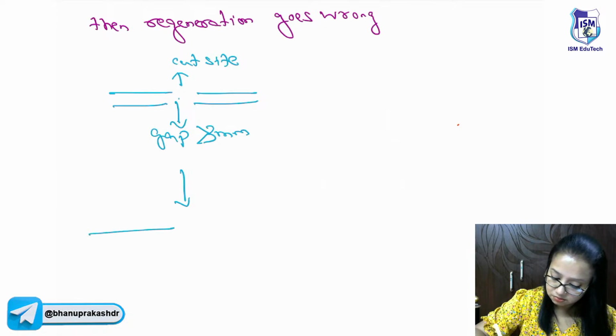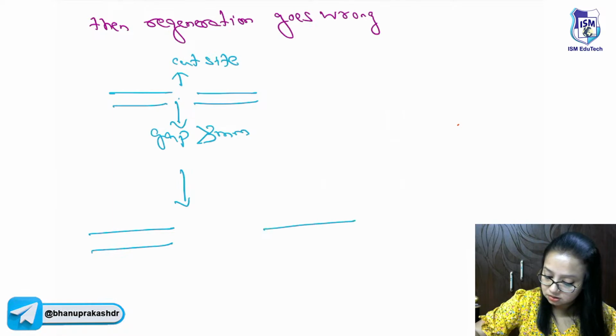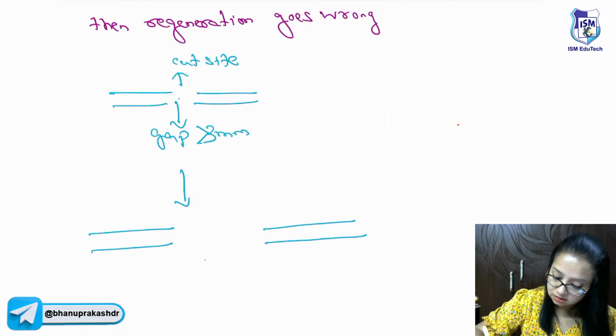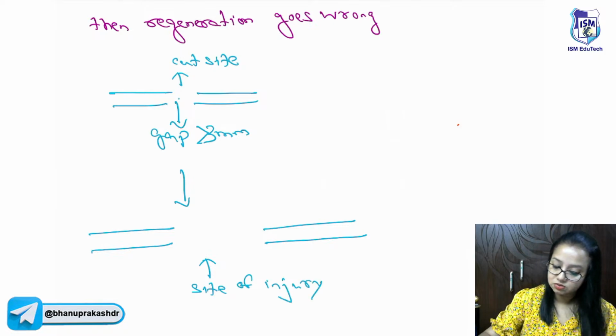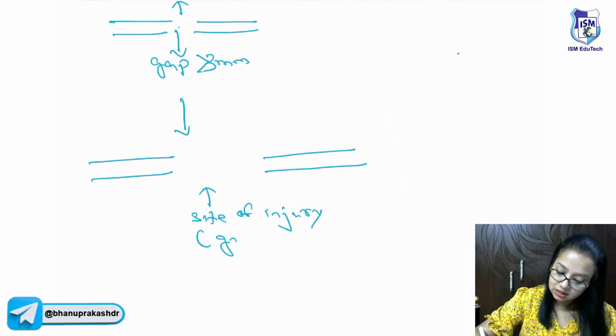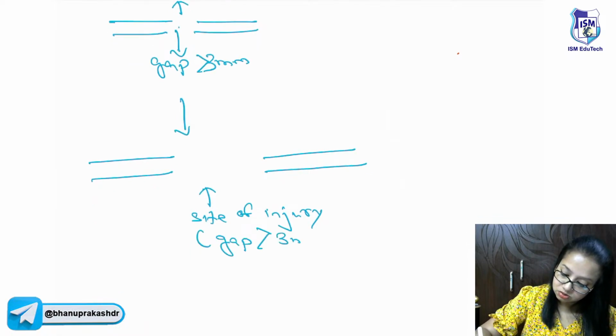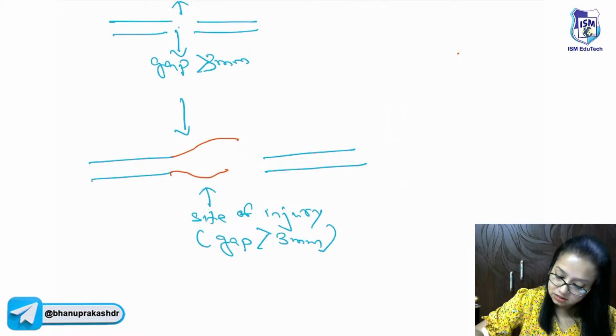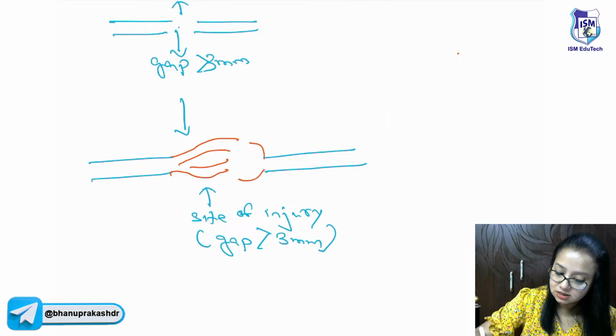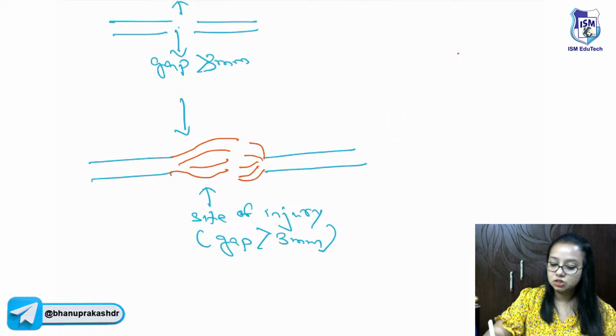So, if this is the site of injury, it may be cut injury, transection, whatever, and the gap is greater than 3 millimeter, then what will happen? Even if there are these myofibril sprouts, okay, still there will be no laying of the myelin sheath.